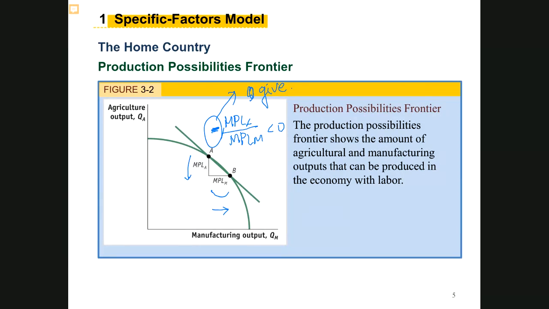So the production possibility frontier, once again, shows the amount of the agriculture and manufacturing output that can be produced in the economy with labor. The only difference is what? It's no longer a straight line anymore. Instead, it's concave to the origin. It's a curve that is concave to the origin.